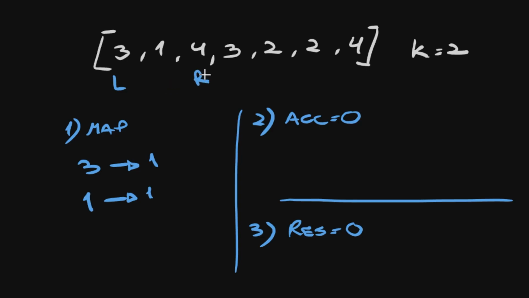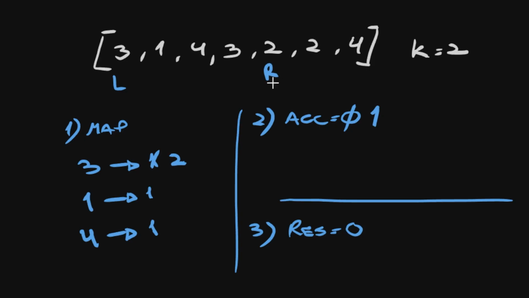Now the right pointer is here at 4. We have never seen the 4 before, so 4 equals 1 in the map. Accumulated value stays at 0, and we update the right pointer again. Now the right is here, and we have seen 3 before, one time actually, so we want to add to the accumulated values a 1, and we want to add to the 3 in the map a 1, so now we have seen the 3 2 times, and we update the right pointer again.